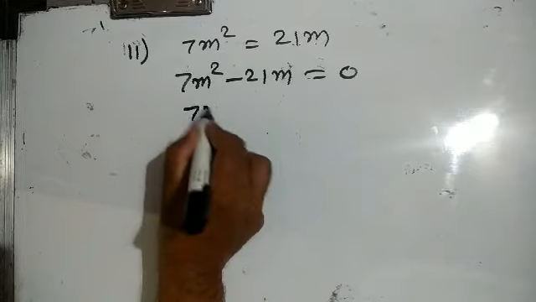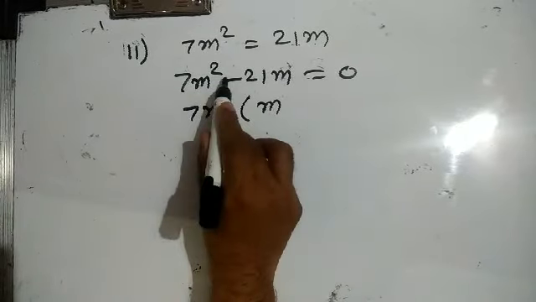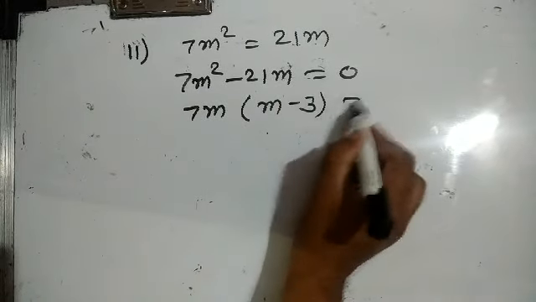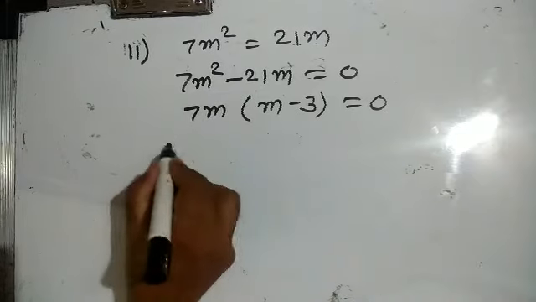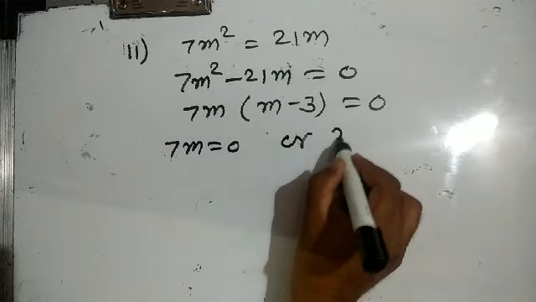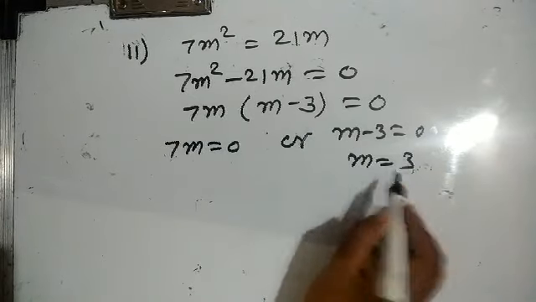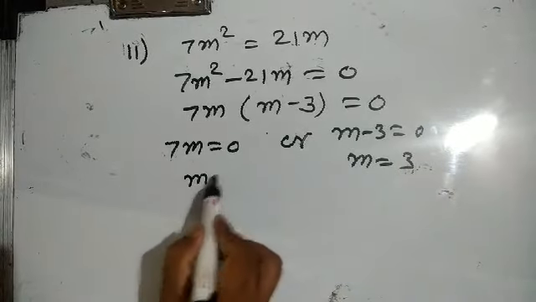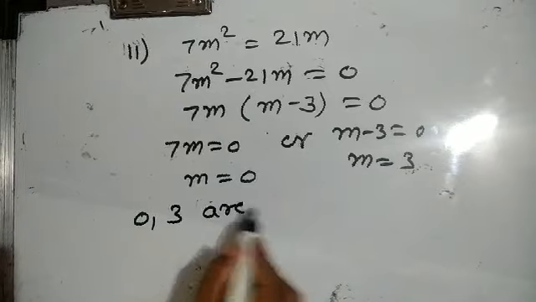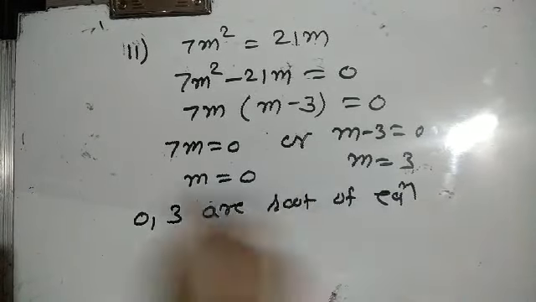Take 7m as common. What we get? 7m(m minus 3), since 7 threes are 21, is equal to 0. Therefore, we can write 7m is equal to 0, or m minus 3 is equal to 0. Then m is equal to 3, and here we get m is equal to 0. Therefore, 0 and 3 are roots of the equation. This is the 11th problem.